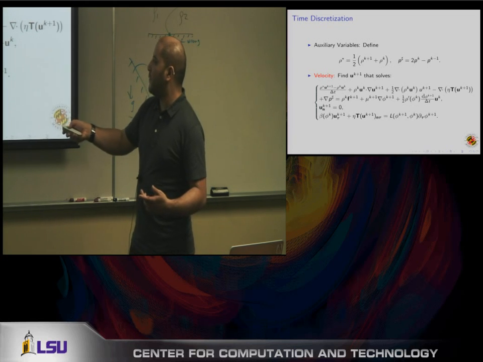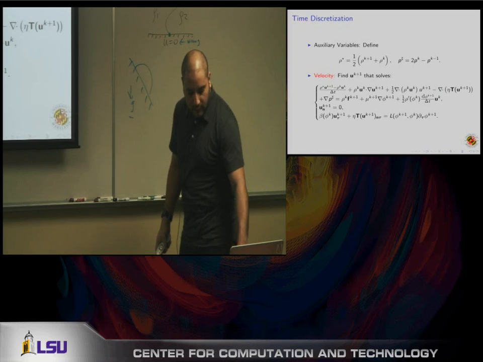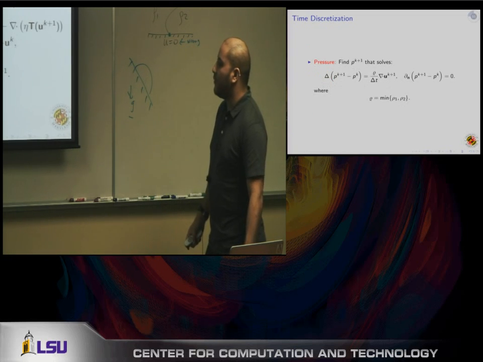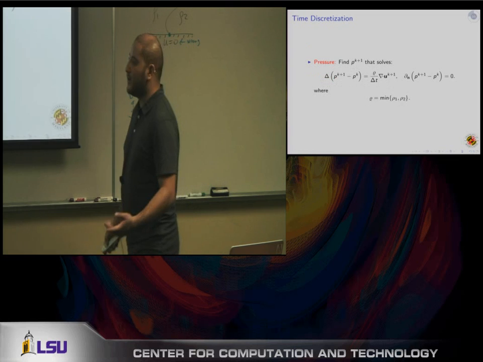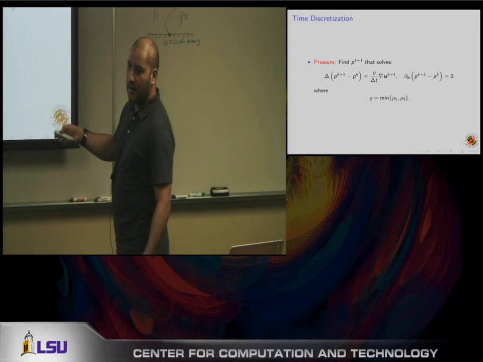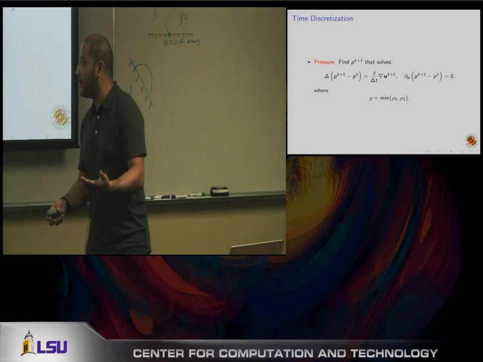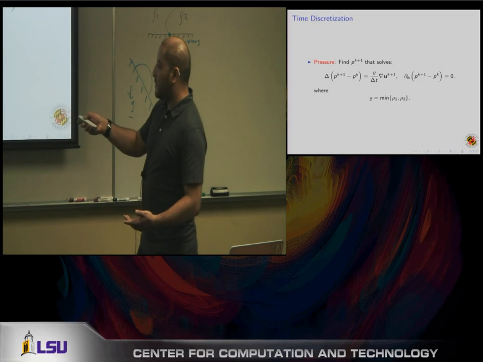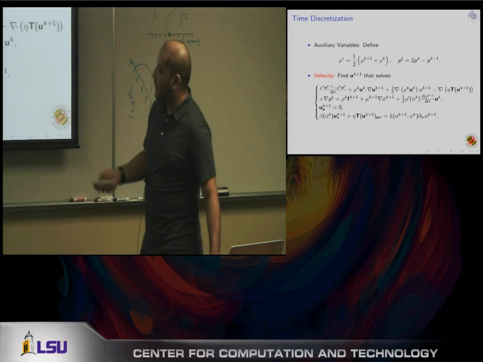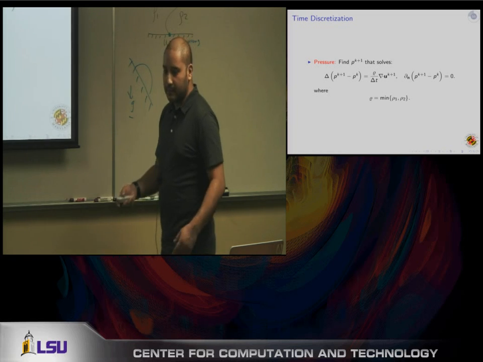Notice that this p sharp is explicit in time. Then to find the new pressure, we just do penalization. We know that the divergence should be zero, and that the pressure is the Lagrange multiplier that enforces the divergence of the velocity to be zero. So we penalize the fact that what we computed in the previous step is not solenoidal by solving this problem.